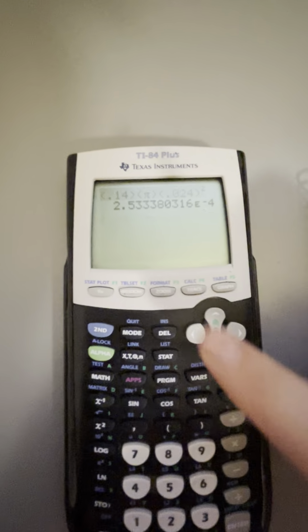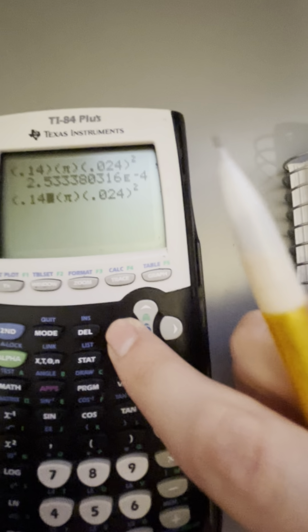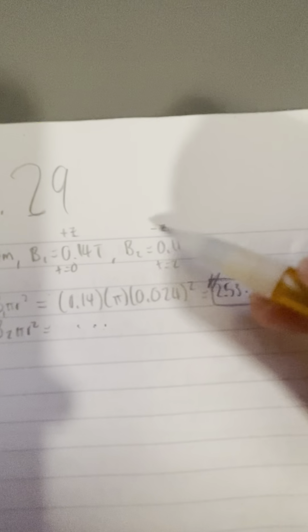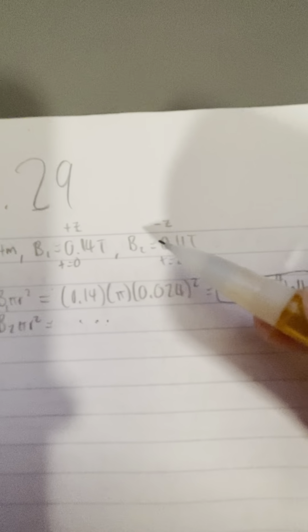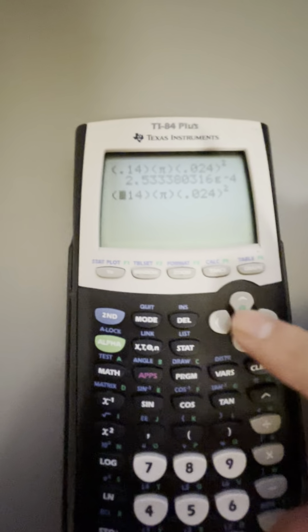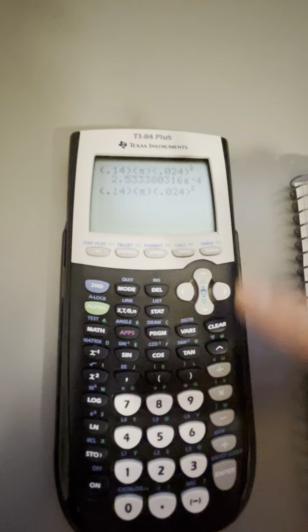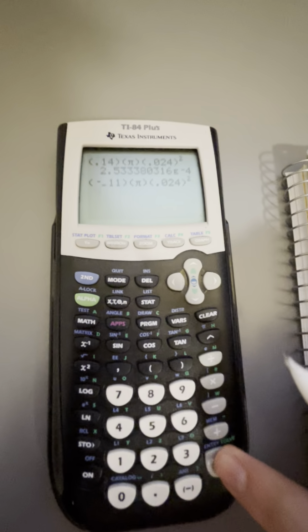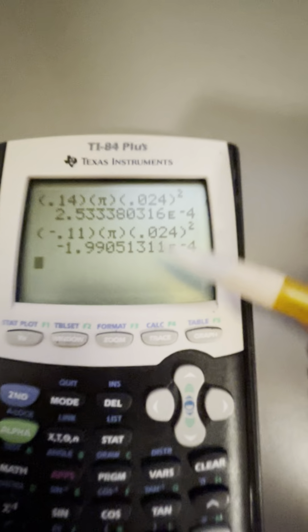Also we have to plug in negative 0.11, since it's in the negative z direction. So we're going to get a negative value for magnetic flux: negative 1.99 times 10 to the negative 4, sorry, Webers.